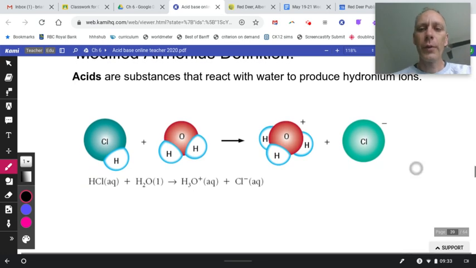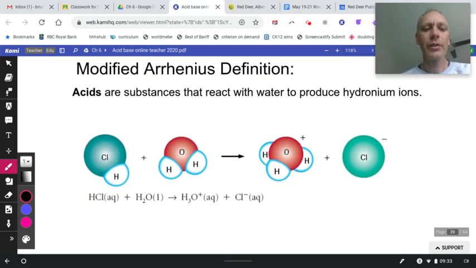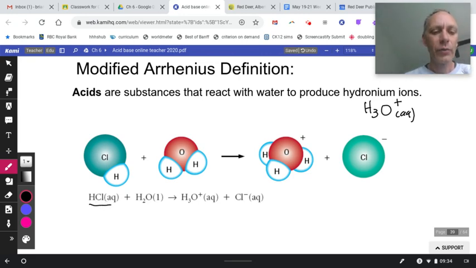Okay, so we've already done this definition. According to the modified Arrhenius definition, an acid is any substance that can react with water to produce hydronium ions. And remember, hydronium is H3O+, and we always write them aqueous because they form in water. So a classic example would be hydrochloric acid reacting with water.